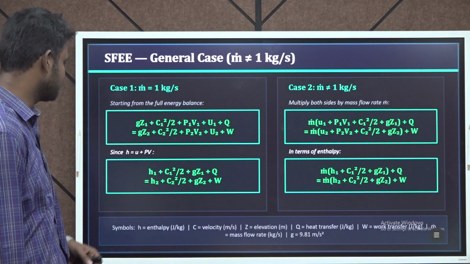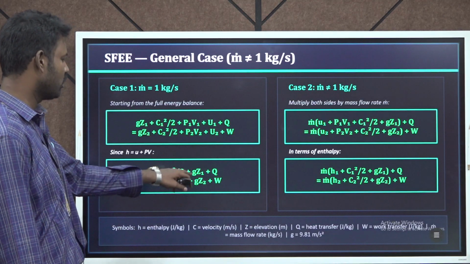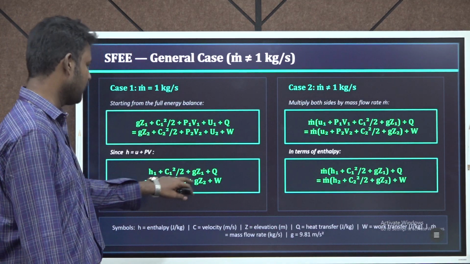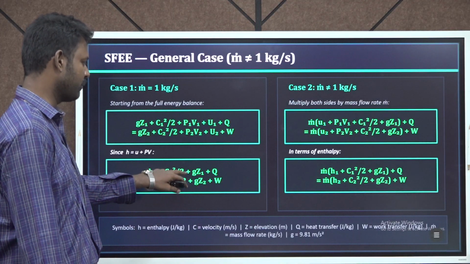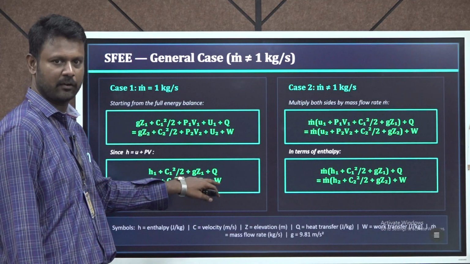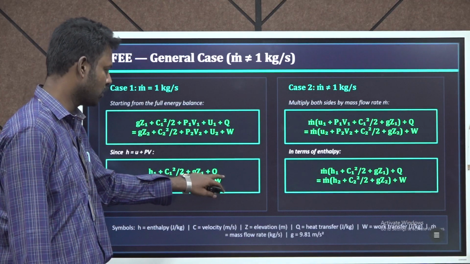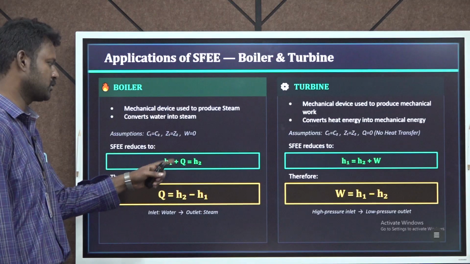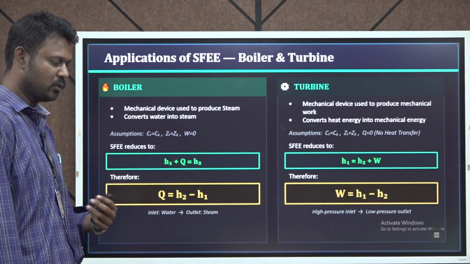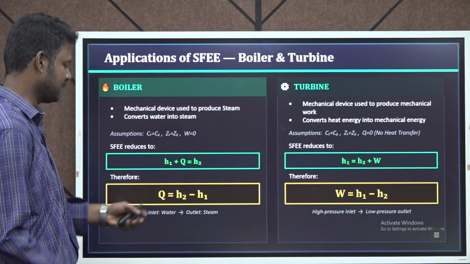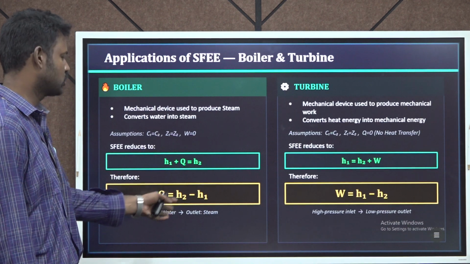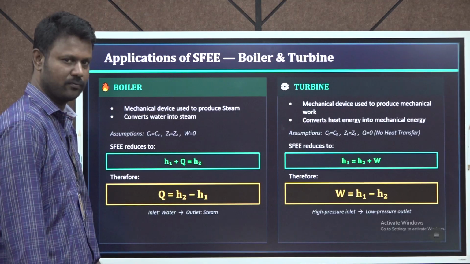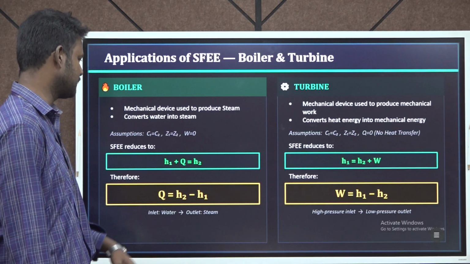Since G Z1 is 0, C1 square by 2 is 0, G Z2 is 0, C2 square by 2 is 0, and there is no work done, so W is also 0. So the equation changes into H1 plus Q is equal to H2. To find the heat transfer, we can write Q is equal to H2 minus H1, that is the outlet enthalpy minus the inlet enthalpy of water and steam.